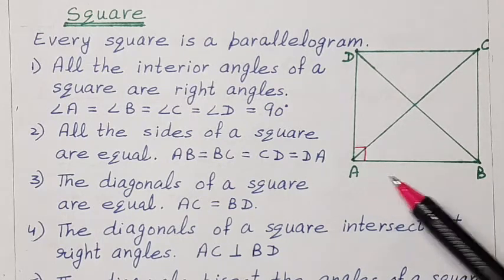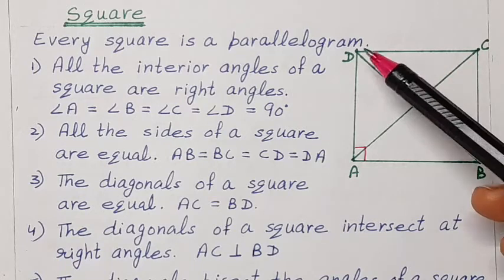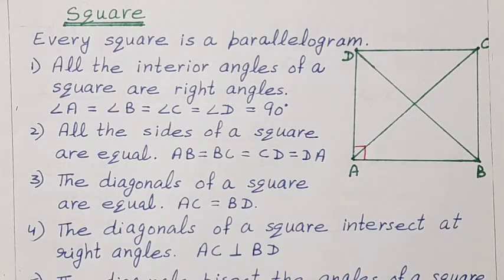That is, AB is equal to BC equal to CD and that is equal to AD. Now this property is also same as rhombus. In rhombus also all the sides are equal. Clear?